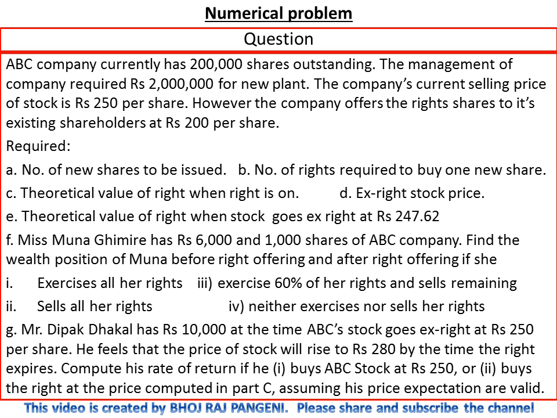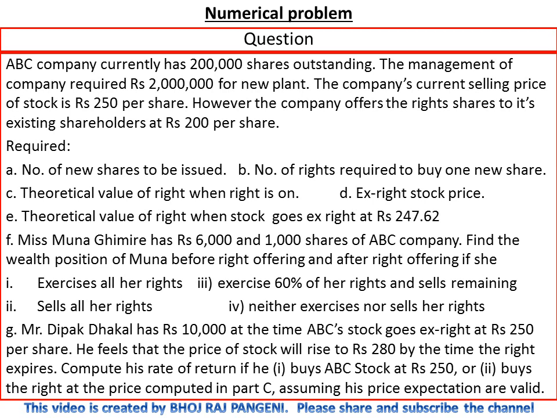This is the question. Be sure that A, B, C, D, E are very short questions and F and G are a little bit longer questions. So we consider this F and G. F is the wealth position problem and G is the rate of return or decision whether to invest in stock or whether to invest in right.